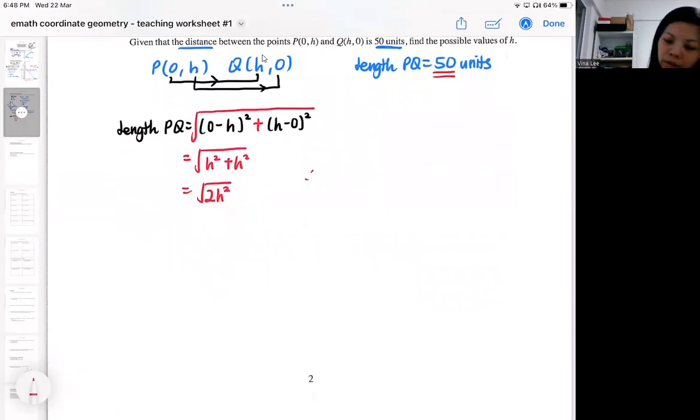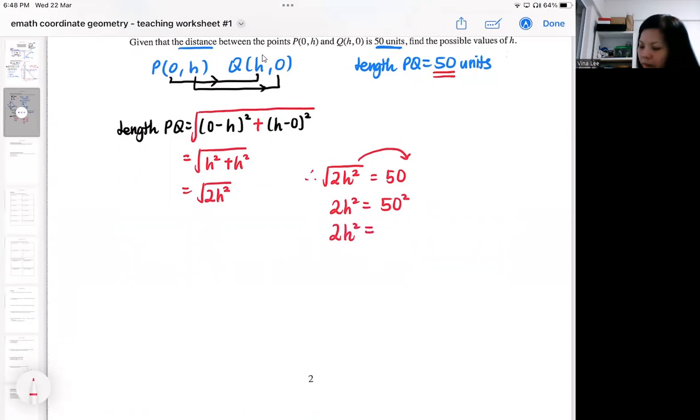This one is the difficult one. Your formula says it's the square root of 2h squared, and you know that it's 50 units. So how are you going to find h? Here you have to square both sides, or throw the square root over, which becomes a square.